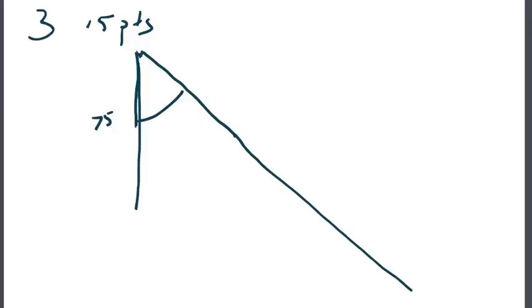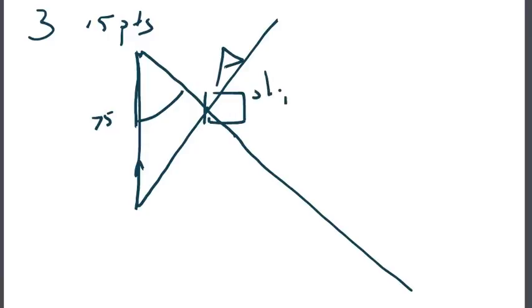Then from the southernmost station, the ship's bearing is north 20.2 degrees east, so you point north and go 20.2 degrees east, and that says that the ship is right there. That looks like a ship. Okay, so this angle is 65 degrees.